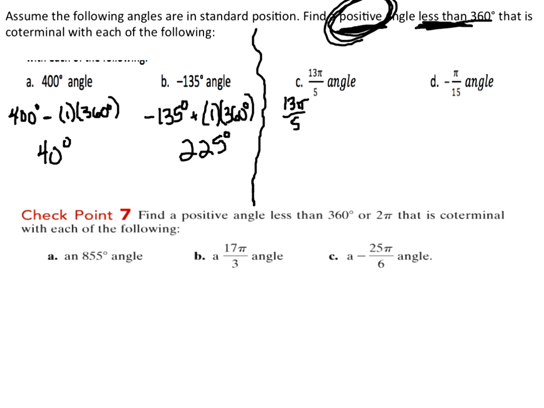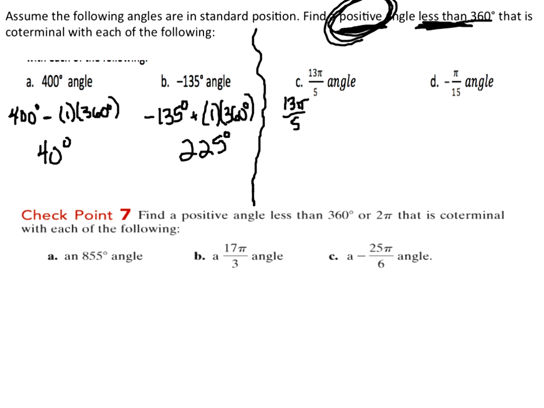13 pi over 5. First we need to think about what 13 over 5 pi is, so that I can figure out if I need to add or subtract 2 pi. And yes, you're right, Lloyd. This is more than 2 pi, because 13 divided by 5 is 2, with 2 3/5 left over.